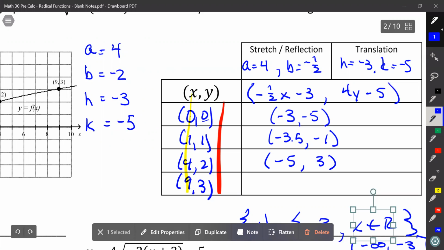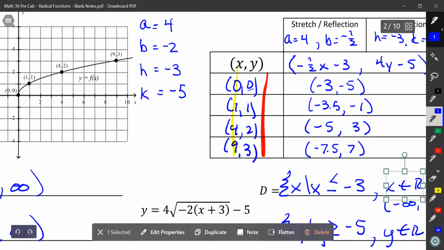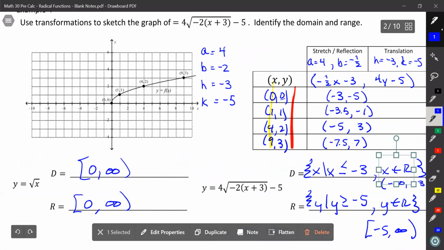Minus 5 is 3. And -1/2 times 9 is -4.5. Minus 3 is -7.5. And 3 times 4 is 7. Oh, sorry, 3 times 4 is 12. Minus 5 is 7. Okay, so let's plot these points.